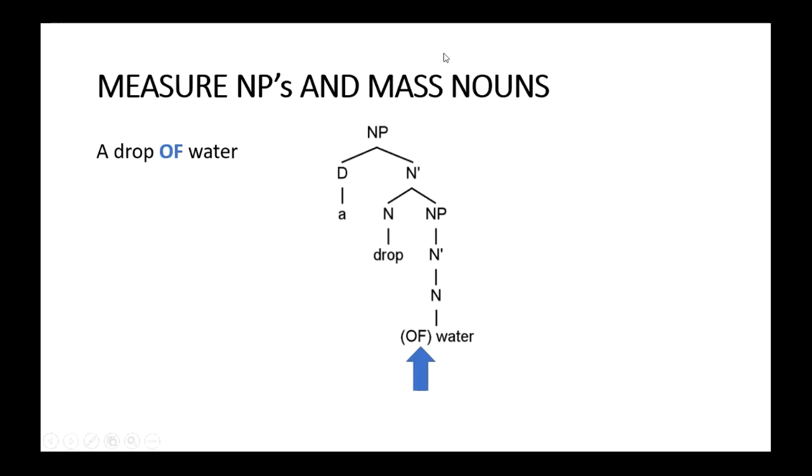Okay, can you give me more examples of measure noun phrases? Let me stop here and see if you can invent your own measure noun phrases and mass nouns. Who can give me more examples? So we have a drop of water. We have some slices of bread.